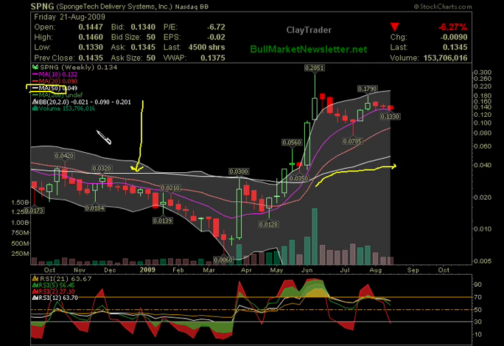I believe this is a 1 year chart or 10 months, but I don't know the last time that the 50-week moving average was actually sloping up. So that right there is a good sign that the overall trend is now bullish, and that can be seen by taking the past 50 weeks worth of price data and then averaging those out. So with that increasing, that is a good thing.